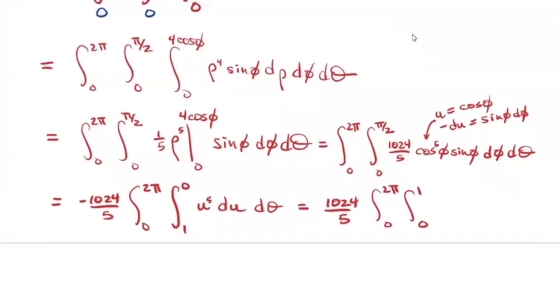I've changed the sign and reversed the order on the limits. u to the fifth, du, d theta. All right, so now I'm going to say 1/6 u to the 6th.